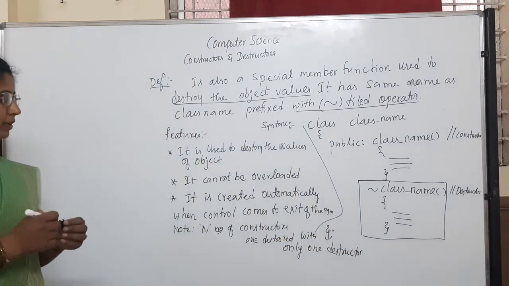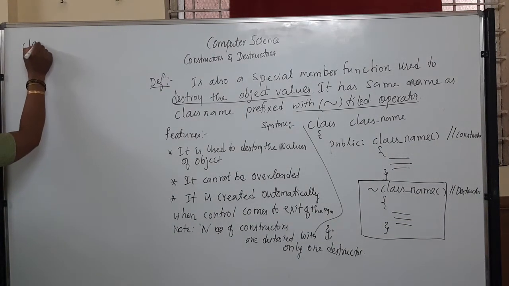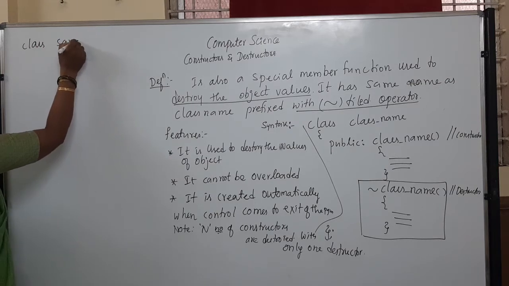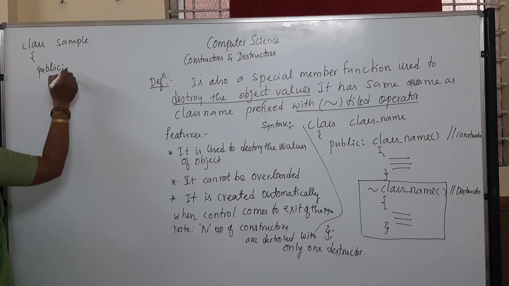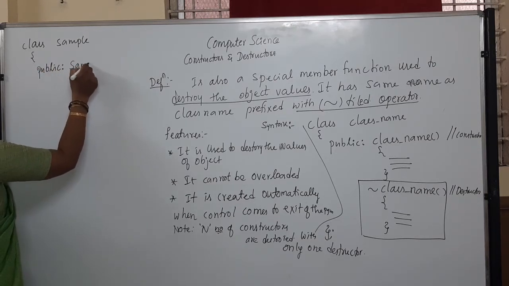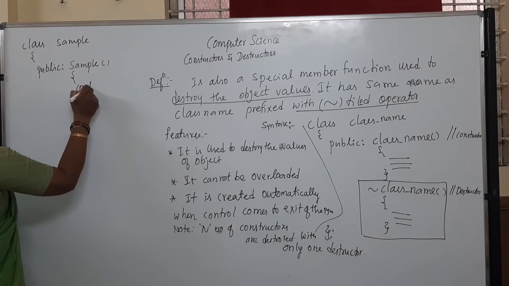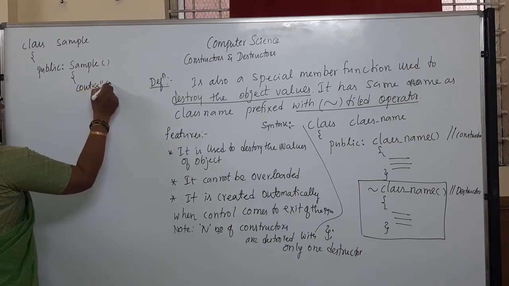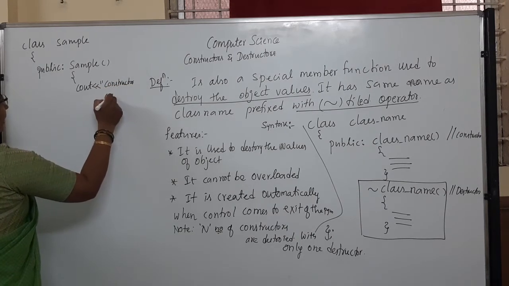Okay, so shall we write the program for this? A program, class Sample. We are not writing any data members here, we are just writing the constructor created and constructor destroyed messages. So cout constructor created.